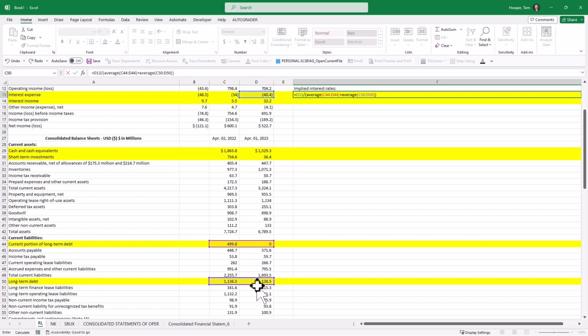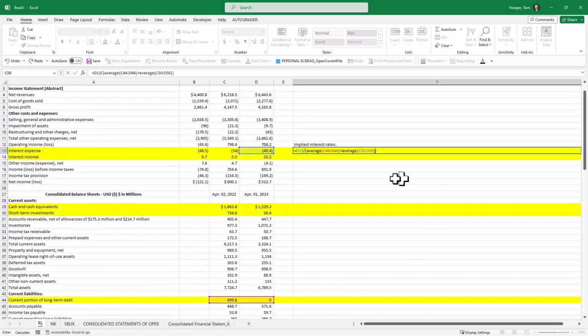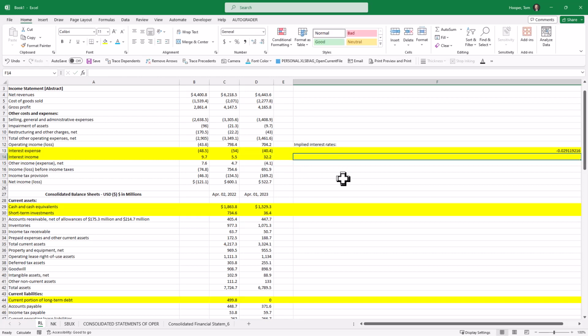So I'll bet the average balance of debt was probably somewhere around 1.35 or something like that. So if we use that 1.35 on the bottom by averaging those two, and that's what we're dividing our interest by that. Get the implied interest rate, Alt-HP to change that to a percent, Alt-HAL to move it over here.